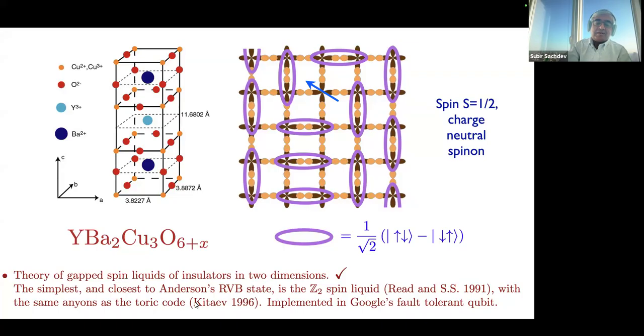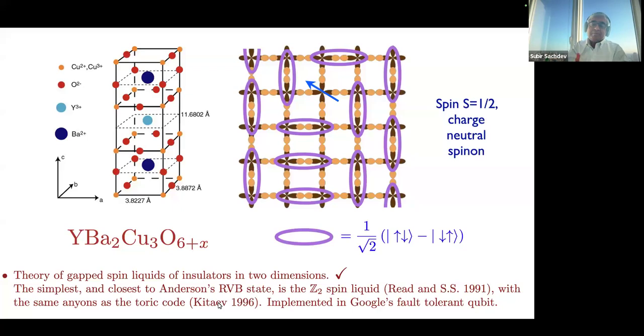And it has the same anyon structure as the toric code, which I imagine all of you know about. And this toric code has recently been implemented in Google's quantum machines. So one can claim a remarkable impact of these ideas coming from condensed matter physics, which have strongly influenced developments in quantum information science.